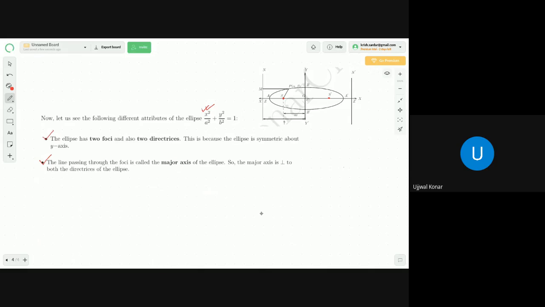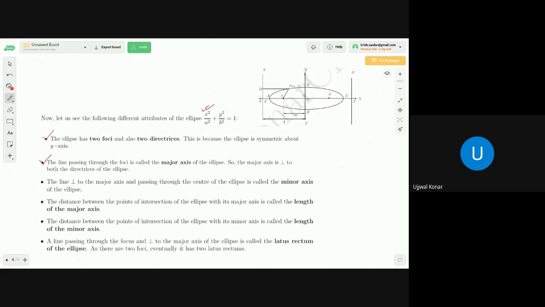And dear students, the next point I'm going to mention is something like this. The line perpendicular to the major axis and passing through the center of the ellipse is called the minor axis. So obviously in this case, the y-axis is the minor axis. So this is the next point.